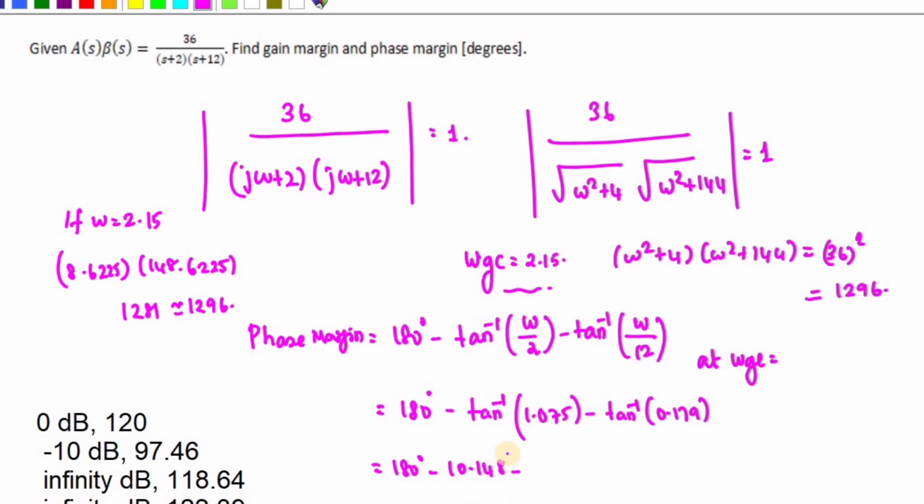If we solve these values, you get the answer as 121 point something. So here D is your answer.